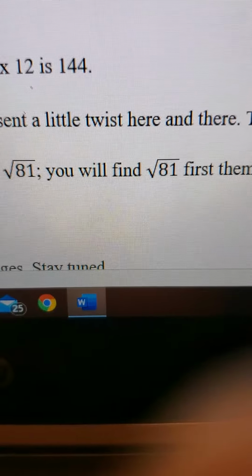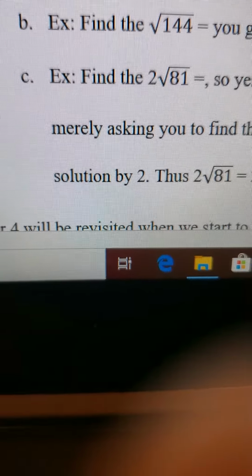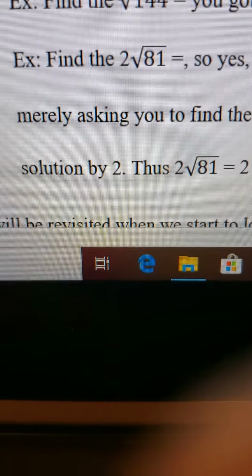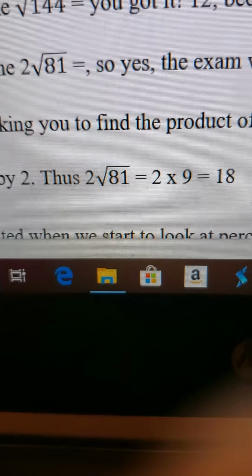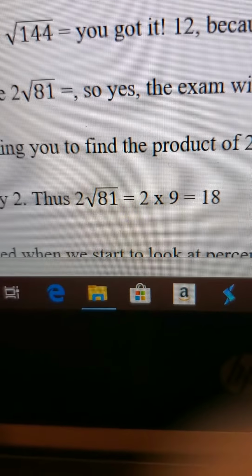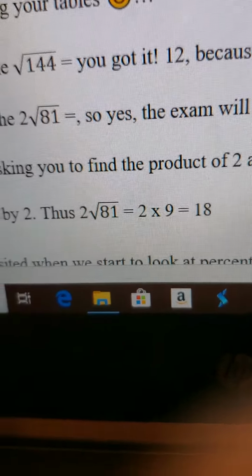So you will have to find the square root of 81 first, then multiply the solution by 2. So 2 times the square root of 81 is 2 times 9, because the square root of 81, as we learned earlier, is 9. And then 2 times 9 is 18.